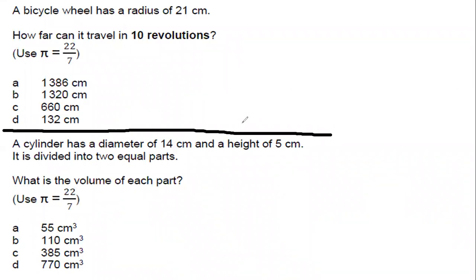So this question is saying that a bicycle wheel has a radius of 21 centimeters. How far can it travel in 10 revolutions? So for this, the thing about it, it's talking about how far it can travel.